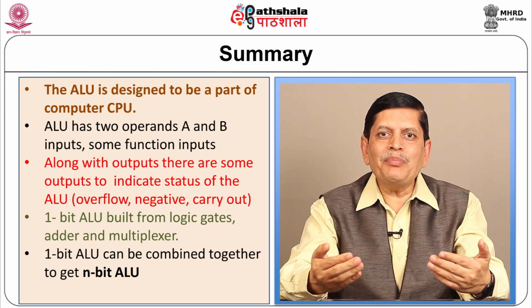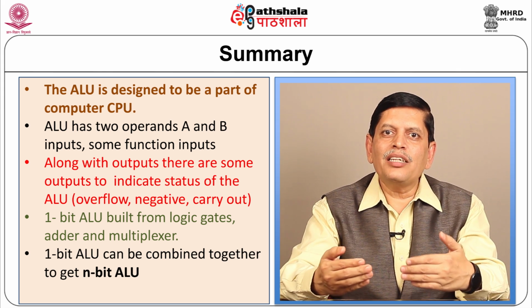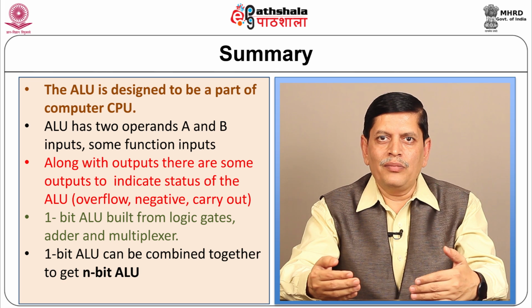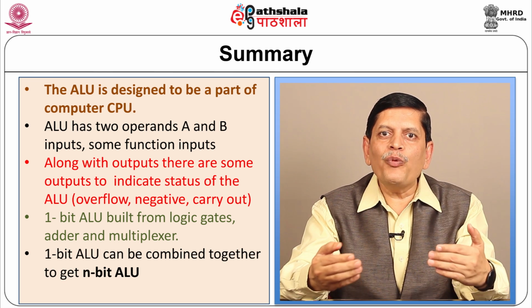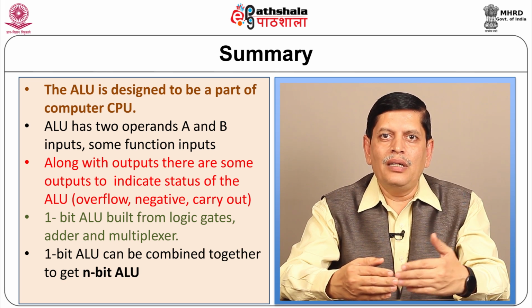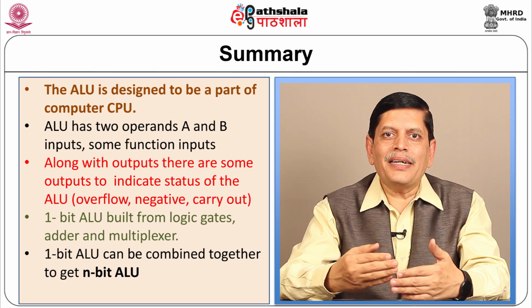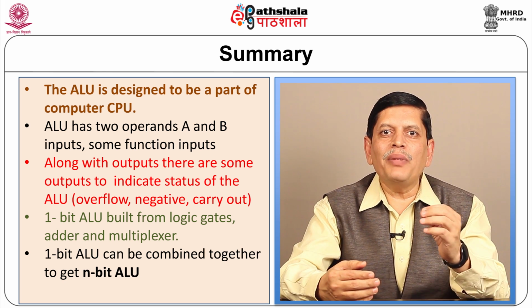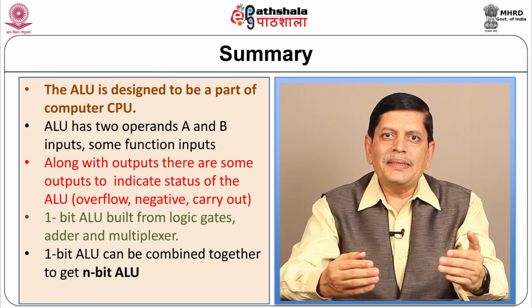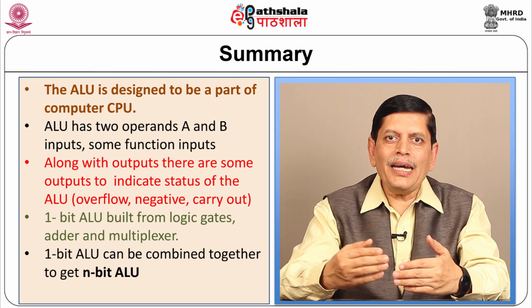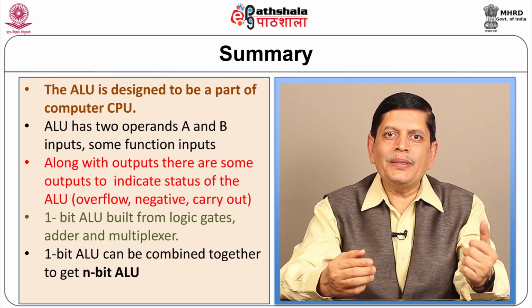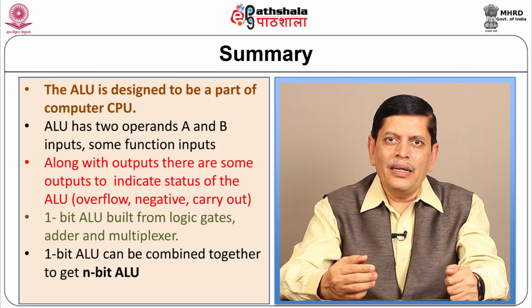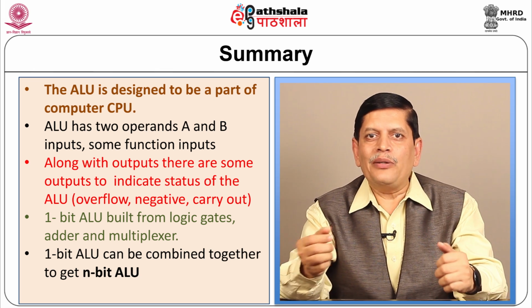Now, to describe this, we need to understand the method of designing the ALU, and that is what we have studied in this module. In this module, we have started with designing a simple 1-bit ALU. While designing the 1-bit ALU, we have even simplified how to design the arithmetic unit separately from the logical unit.